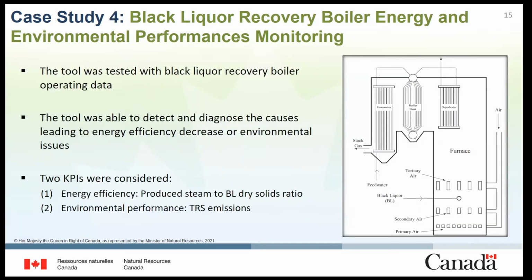And the last case study is the black liquor recovery boiler energy and environmental performance monitoring. In this case, we have considered 2 KPIs for energy efficiency: the produced steam to black liquor dry solids ratio, and for the environmental performance, the TRS emissions.